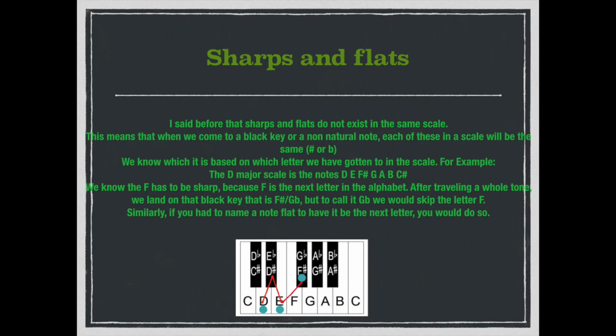Similarly, if you had to name a note flat to have it be the next letter, that's what you would call it. So if you were going a half step above an A in a given scale, that would be B flat, not A sharp, because you already have an A in the scale.